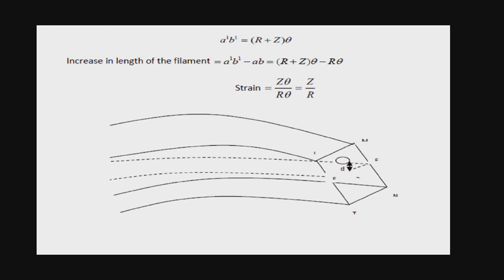Let the beam be bent in the form of a circular arc subtending angle theta, with center of curvature O. Next, strain is equal to z theta divided by r theta, which is equal to z divided by r.